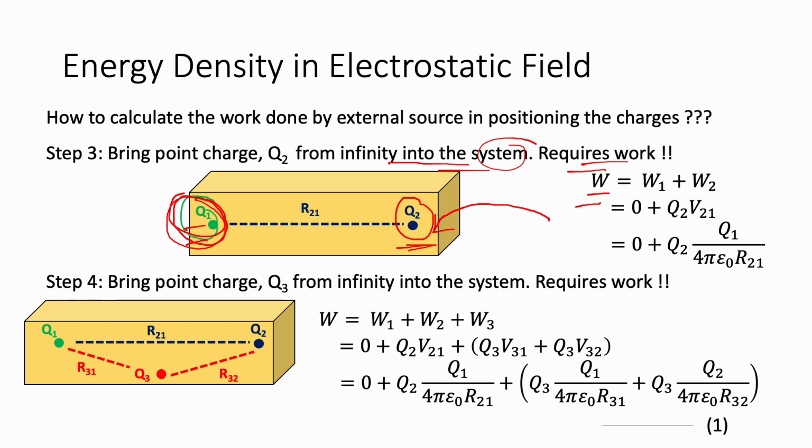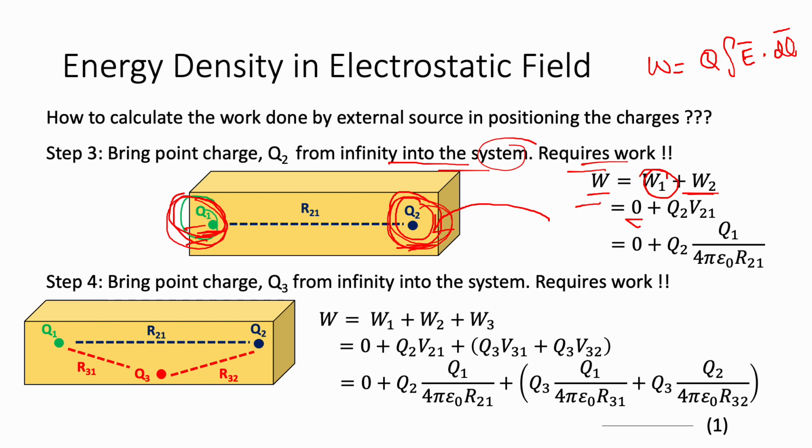The work at the beginning is equal to 0, of course, but when we want to bring this charge into the system that already has another charge, it requires work, and that work is equal to Q E dot dl, if you still remember, right?